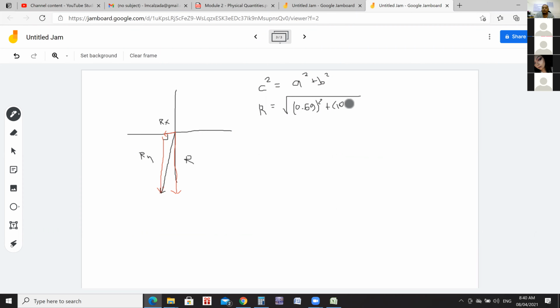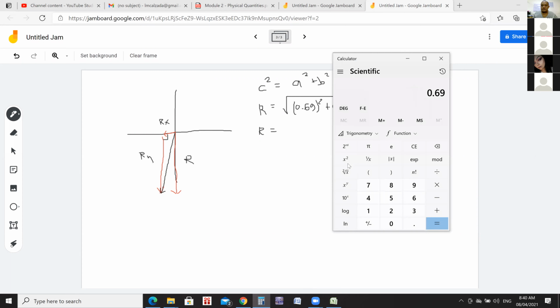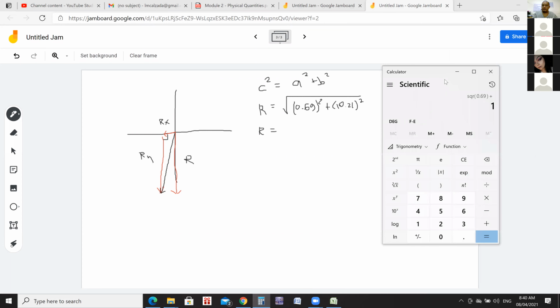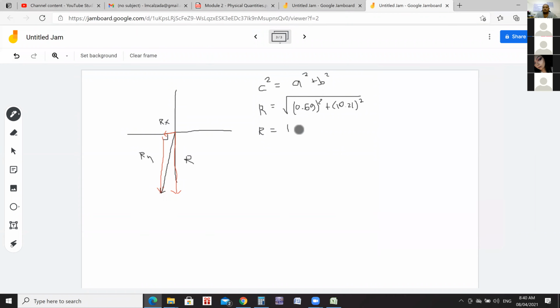Positive 10.21 squared. So we have R is equals to, using the calculator, square root of 0.69 squared plus 10.21 squared. The answer is 10.23.